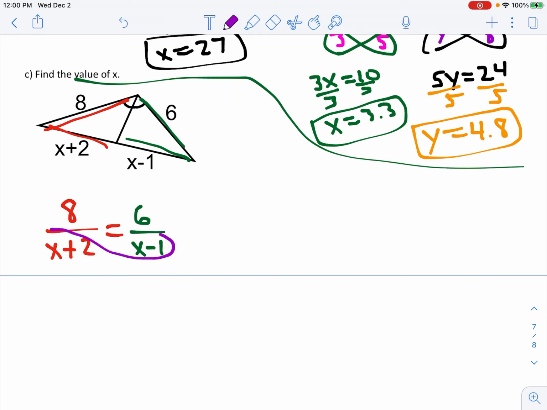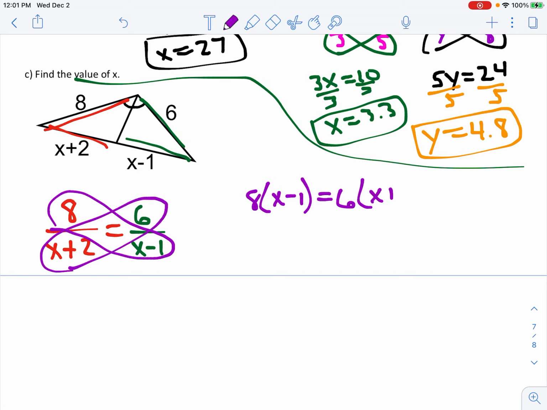I'm going to go ahead and cross-multiply these two. So 8 times x minus 1 should be equal to 6 times x plus 2. I'm going to distribute on both sides and rewrite it. So 8x minus 8 should be equal to 6x plus 12.